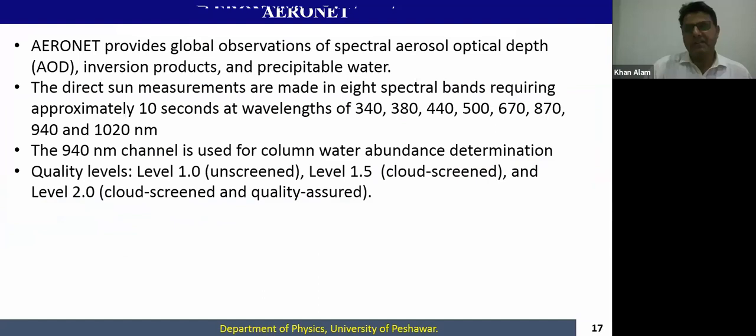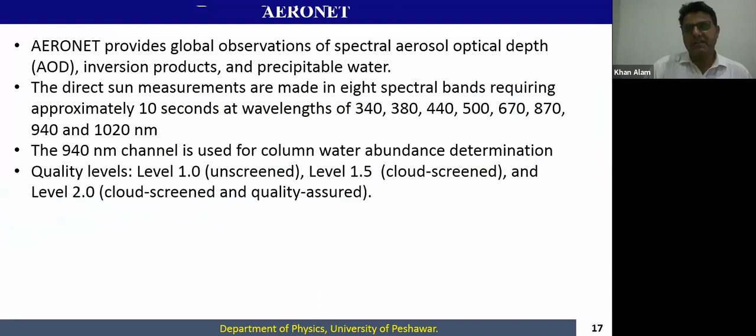So these are some of the characteristics of AERONET. It provides us aerosol optical depth, and it also provides other products like inversion products and precipitable water vapor. It provides the aerosol measurement at different wavelengths, starting from ultraviolet to mid-infrared regions.